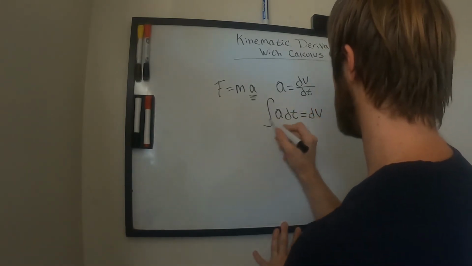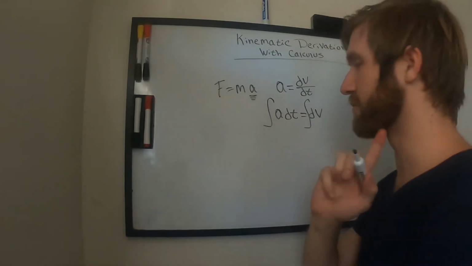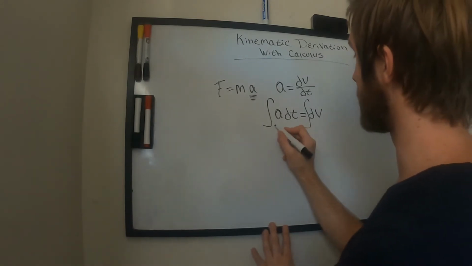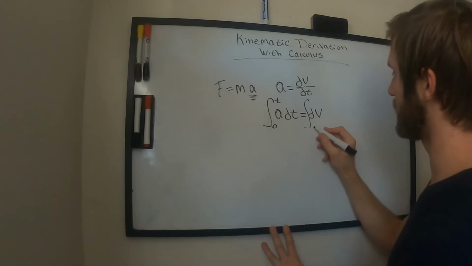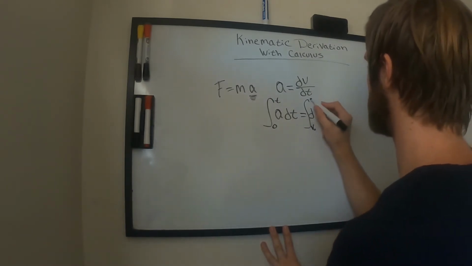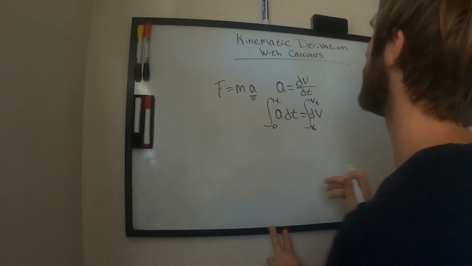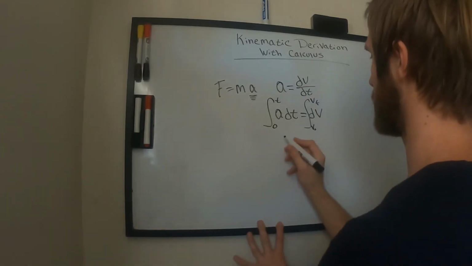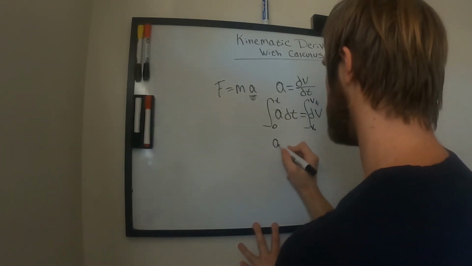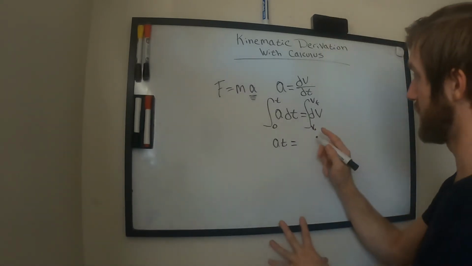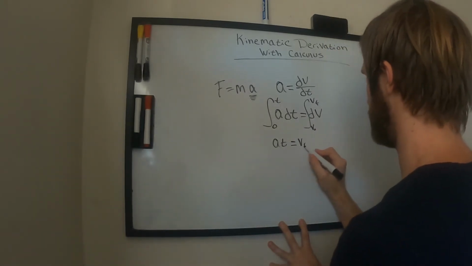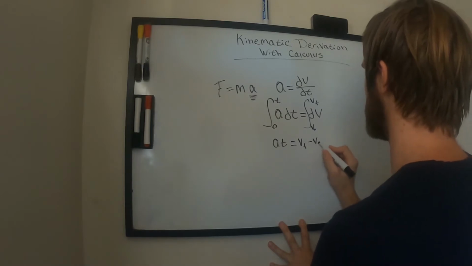We have two definite integrals where this side goes from 0 to t, and this side is from v initial to v final. Now let's carry out that operation, where on the left side we have simply at, equal to, on this side, v final minus v initial.